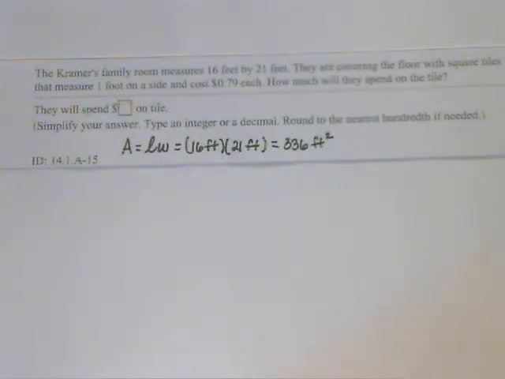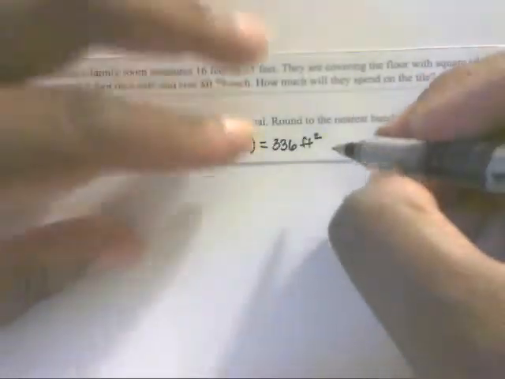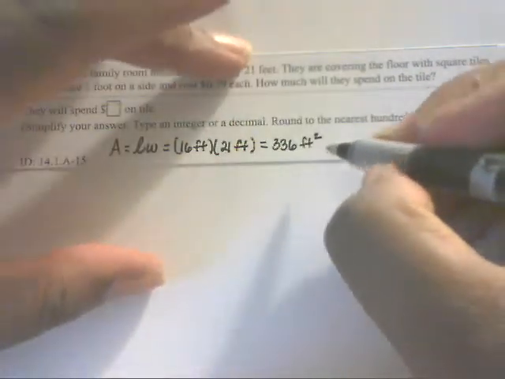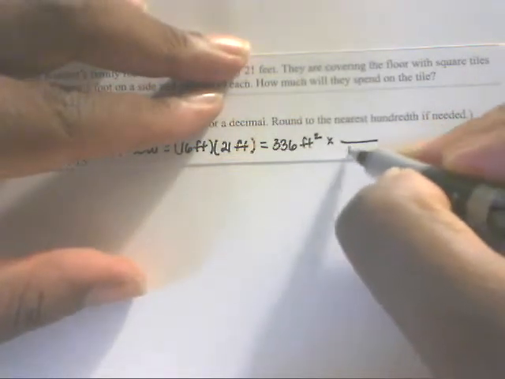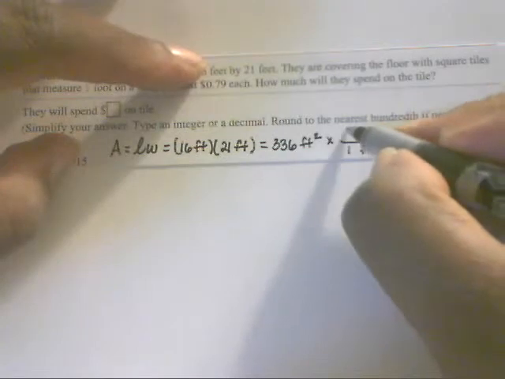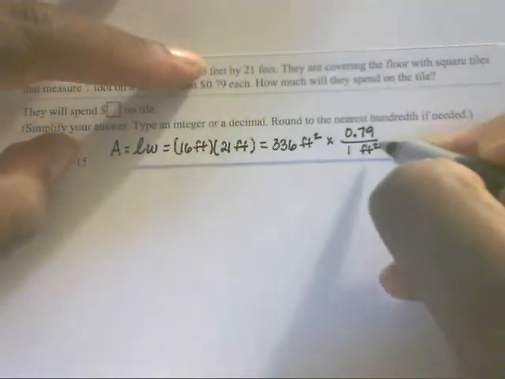Now, they have square tiles that measure 1 foot on a side. So we know the area of that square tile has to be 1 square foot. And the cost is 79 cents each. So that means they're going to need 336. We're going to multiply that by, of course, 1 square foot, which will be the denominator, and then the cost is 79 cents.